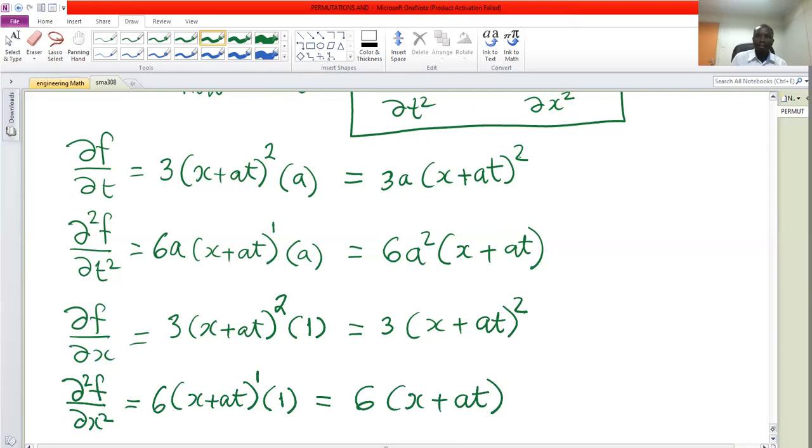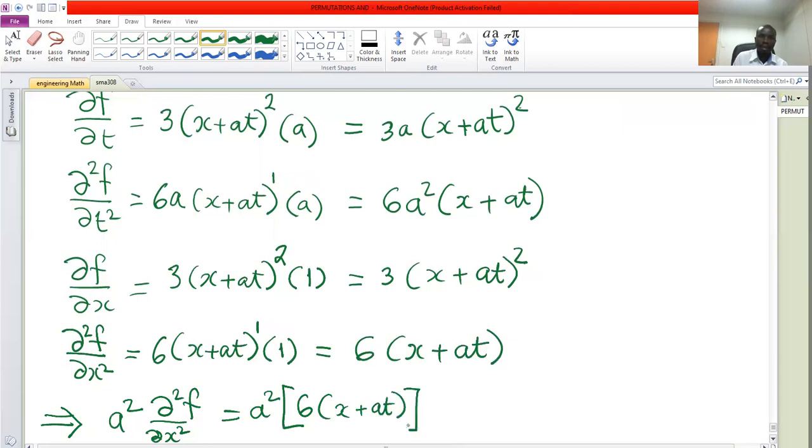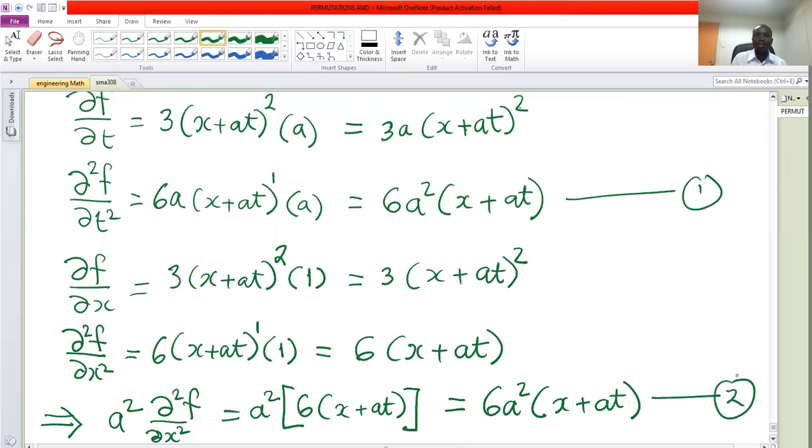Now, this implies that a squared partial squared f partial x squared will be given by a squared multiplied by what we have gotten here, 6 into (x plus at). And this is the same as 6 a squared into (x plus at). So if we call this one equation 1 and this one equation 2, clearly you see that 1 and 2 are the same.